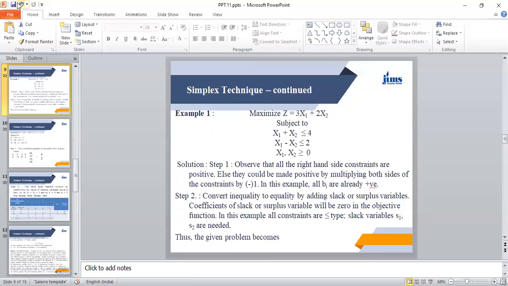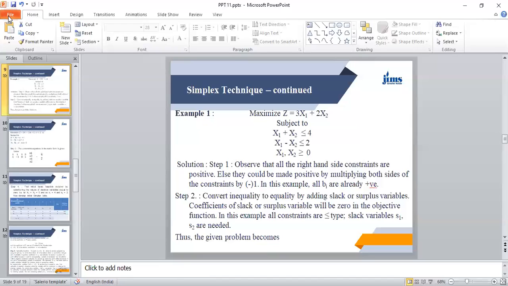So the next step is that we convert the inequalities into equalities. Both the constraints are of less-than type: x1 + x2 ≤ 4 and x1 - x2 ≤ 2.